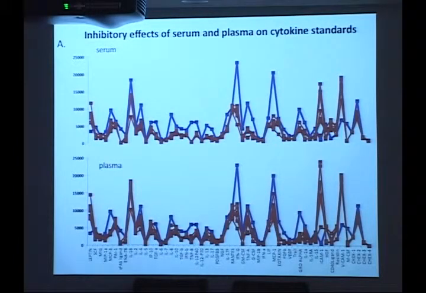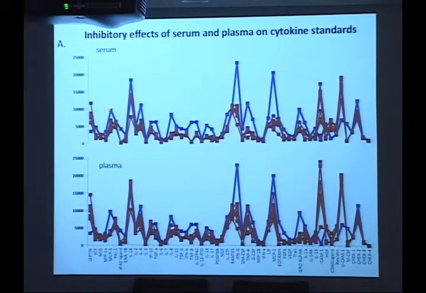And one of the reasons is, as you can see, the blue line represents all of the cytokines in the standard. So this is going to be standard number 6, which is around 2,500 picograms. And you can see these are the MFI levels for that standard in a buffer. When we spike the same standard into samples, this is what we get.